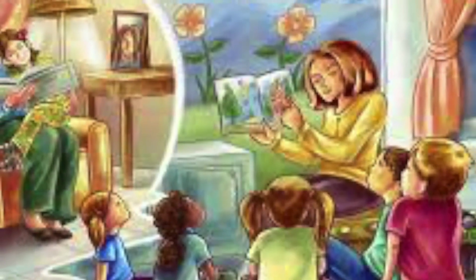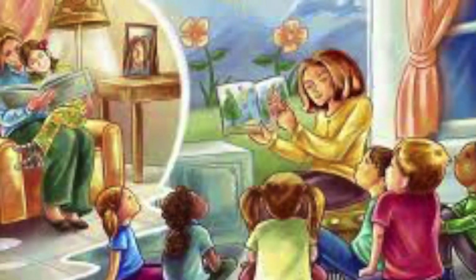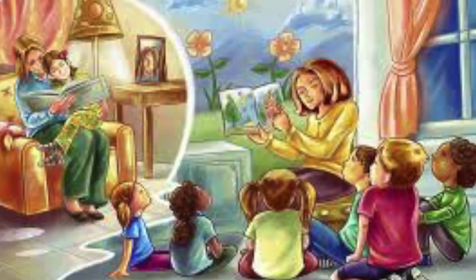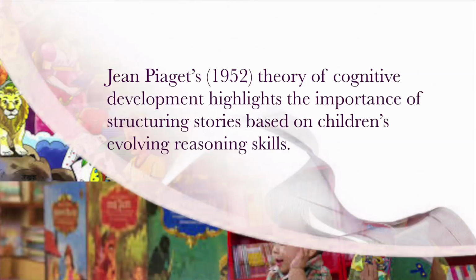Young readers vary significantly in their cognitive and emotional capacities, requiring authors to craft narratives that align with their comprehension abilities. Jean Piaget's theory of cognitive development highlights the importance of structuring stories based on children's evolving reasoning skills.